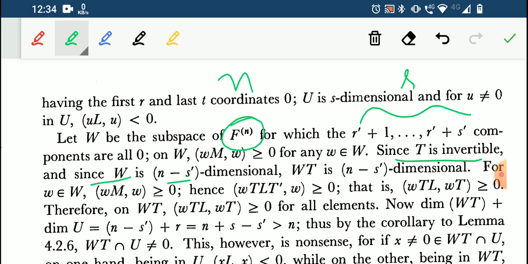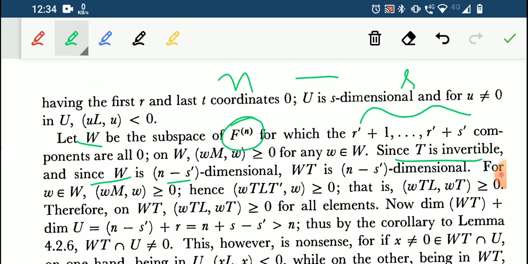Total number of elements is n, and the total number of non-zero elements will be n minus s, because only s elements are 0. So n minus s will be the dimension of W here.